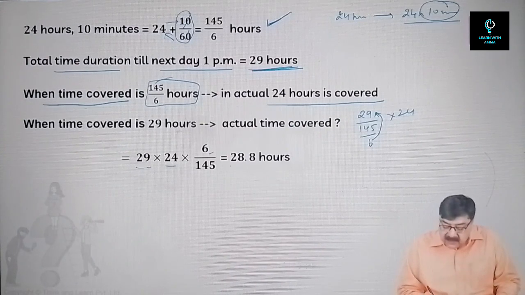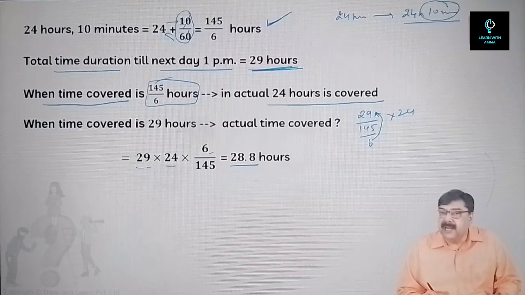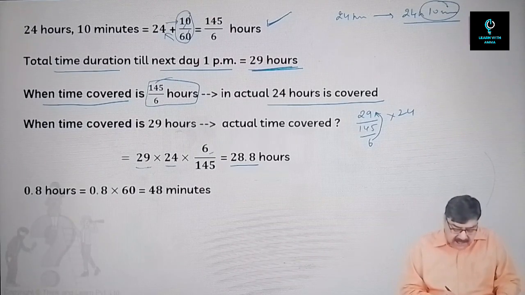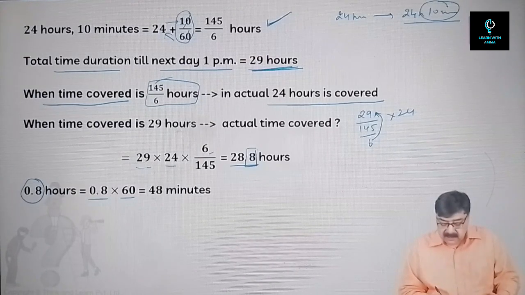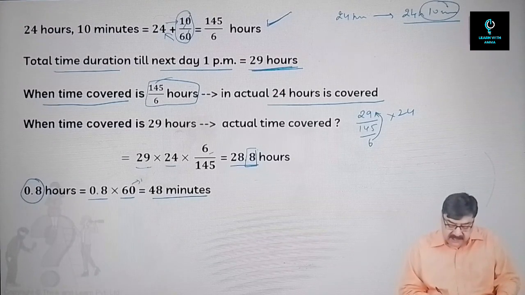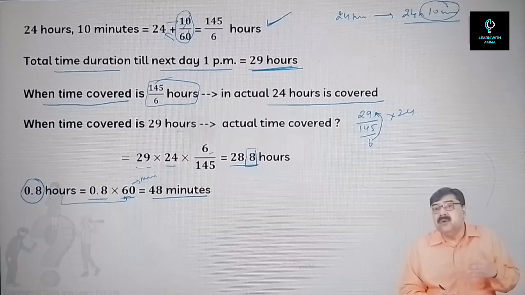After calculation, you can find out that this comes out to be 28.8 hours. Now, 0.8 hours here would mean how much? 0.8 into 60 will be nothing but 48 minutes. In 1 hour, there will be 60 minutes, as we know. So we are converting 0.8 hours into minutes. Works out to be 48 minutes.